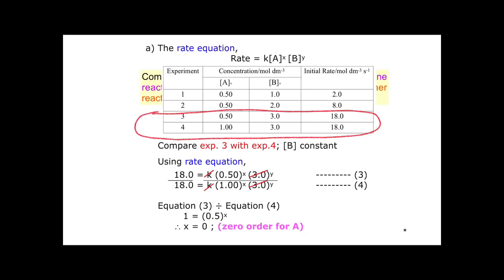Kita boleh cancel K atas bawah, kemudian concentration B atas bawah boleh cancel. 18 bahagi 18 sama dengan 1, 0.5 bahagi 1 sama dengan 0.5 kuasa X. Kita selesaikan guna log, kita akan dapat X sama dengan 0. So, kita boleh tulis reaction is zero order with respect to A.